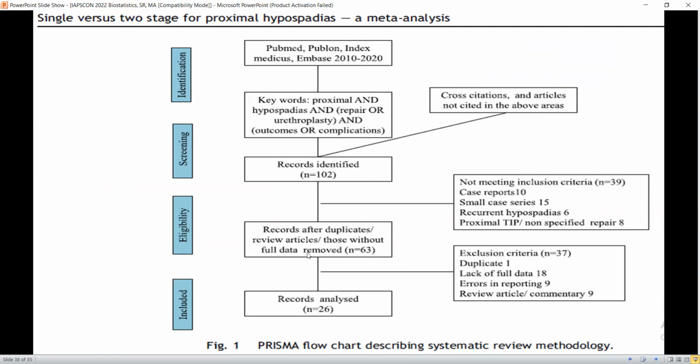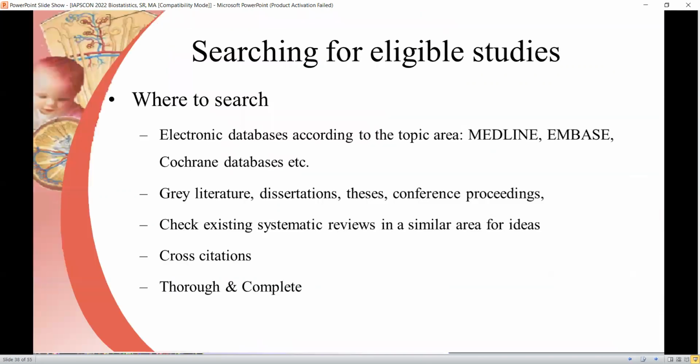And then we also review the duplicates, then exclude lack of full data, errors in reporting, review articles, commentaries. So finally we analyze the 26 articles. So there is a system. This is called a PRISMA flowchart, and we have to give this flowchart when we publish.